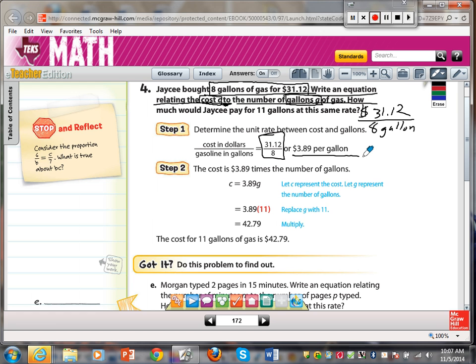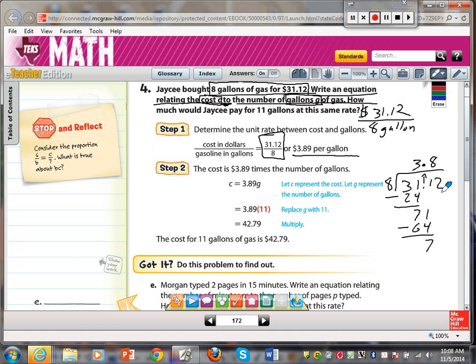So let's go ahead and divide this so you guys can know how the division looks like. 8 goes into 31 3 times. This is 24. 31 minus 24 is 7. Bring the decimal up. Bring the 1 down. 8 goes into 71 8 times. 8 times 8 is 64. 71 minus 64 is 7.